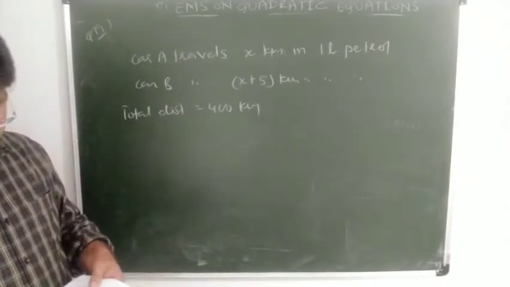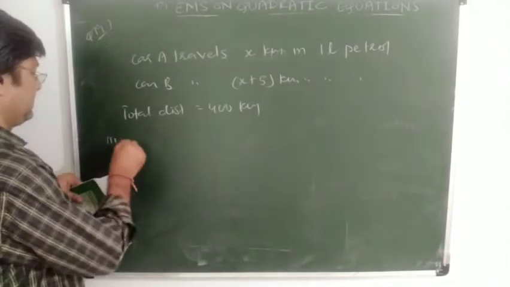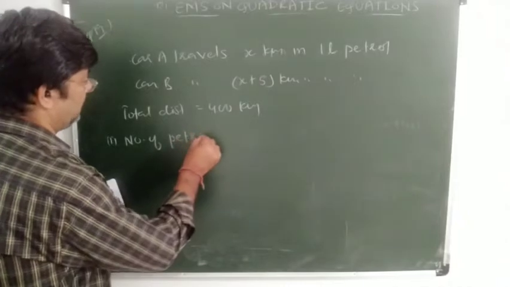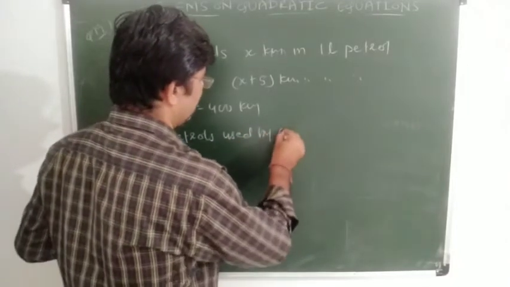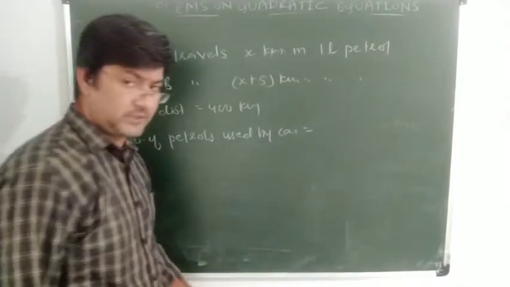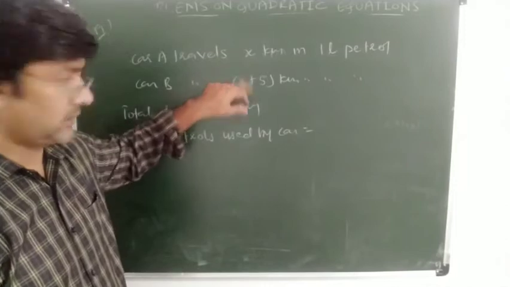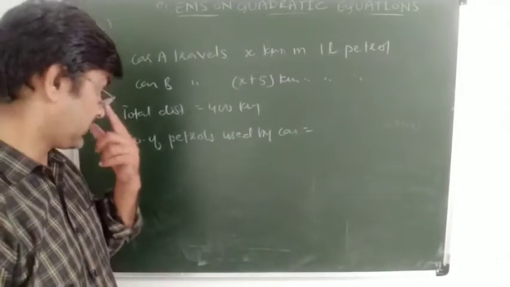Number of liters of petrol used by car A and B. Obviously, the number of liters of petrol used by car will be given by the distance upon average. We are given here the average. For car A this is x kilometer per liter, and for car B average is x plus 5 kilometers per liter.